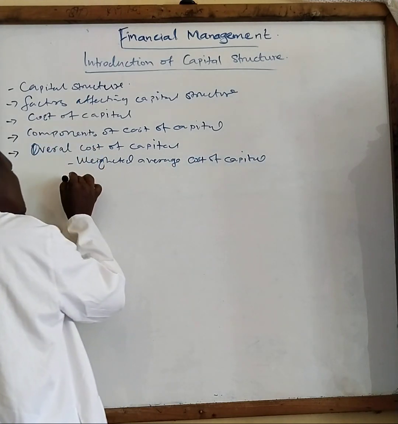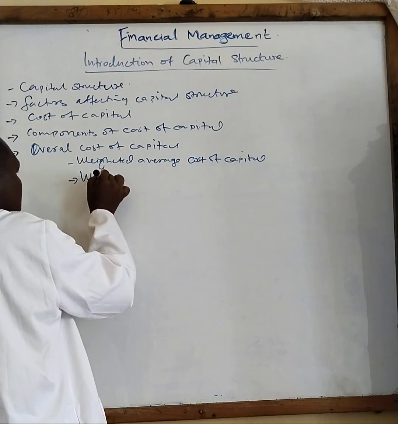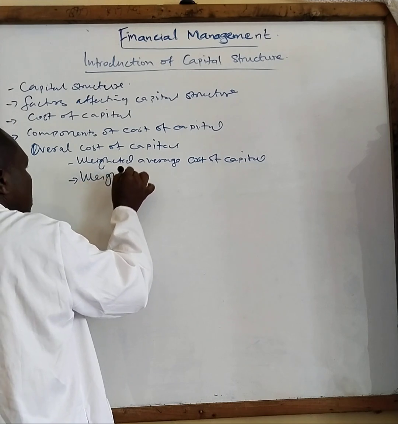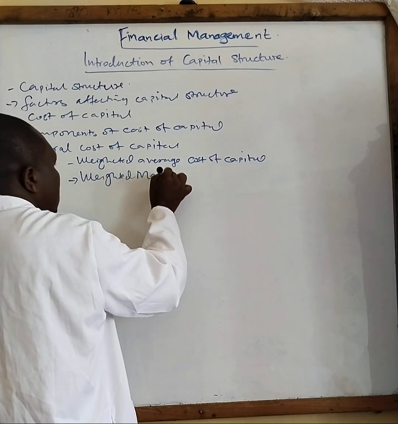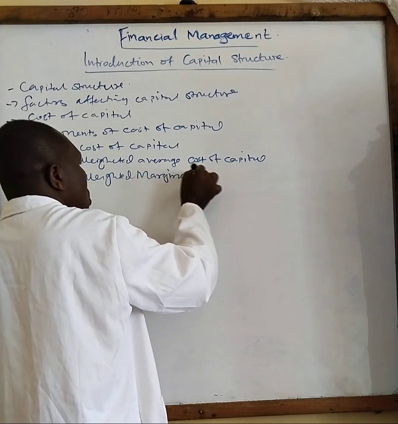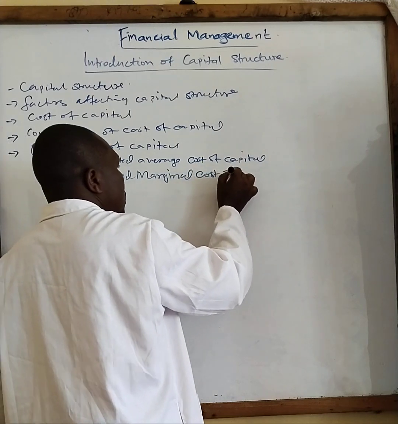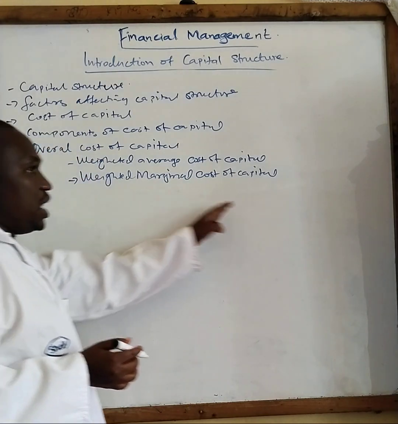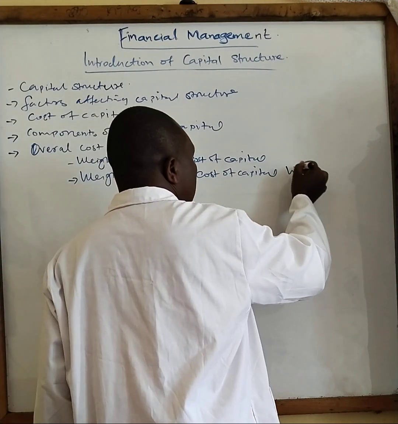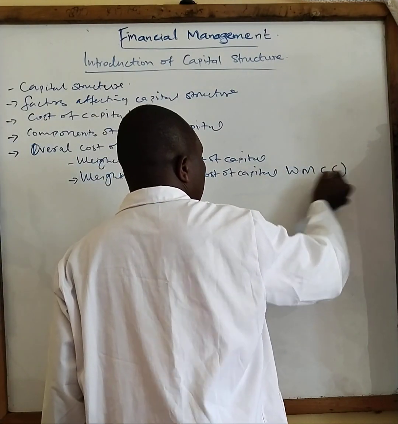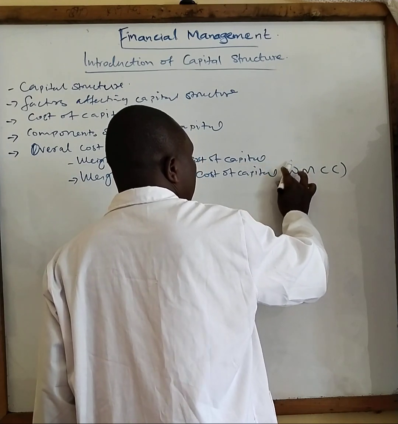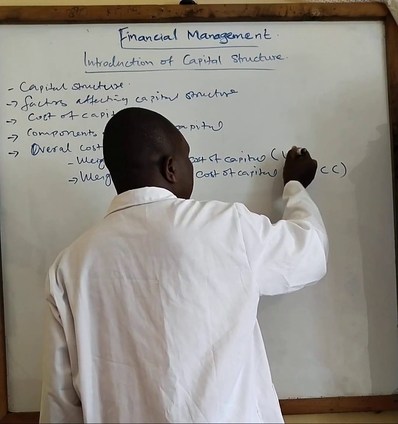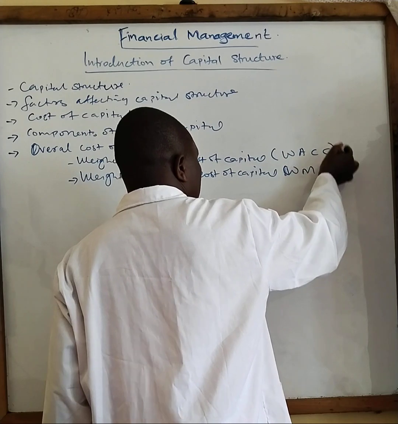Then I will close with what we call weighted marginal cost of capital. In most cases, I will refer to these as WACC and WMCC, where WACC is the weighted average cost of capital.